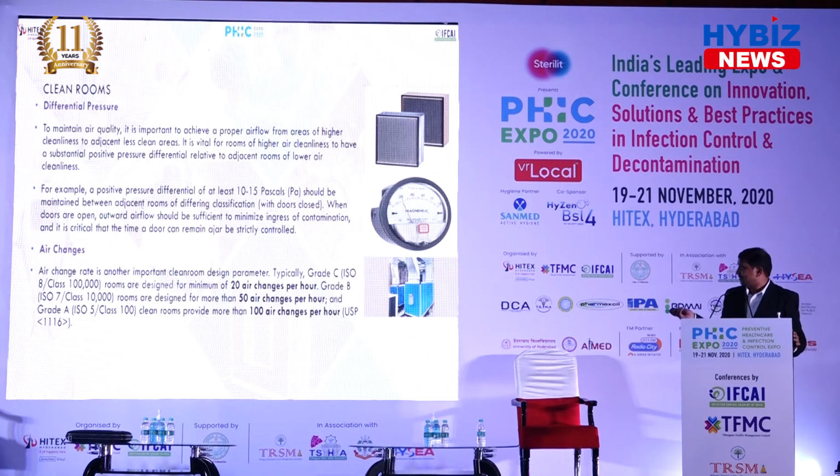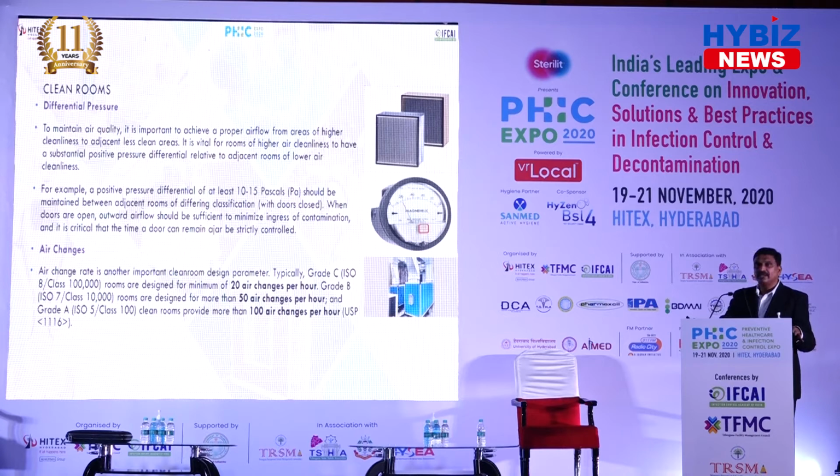And one more important parameter for clean room maintenance is the air changes. It is a very important design parameter of the clean room. Grade C, which is termed as class 1 lakh or ISO 8, is designed to meet minimum 20 air changes per hour.